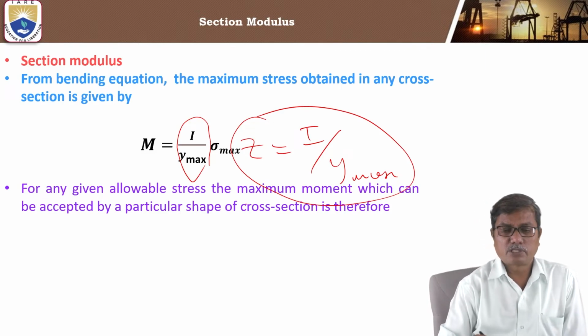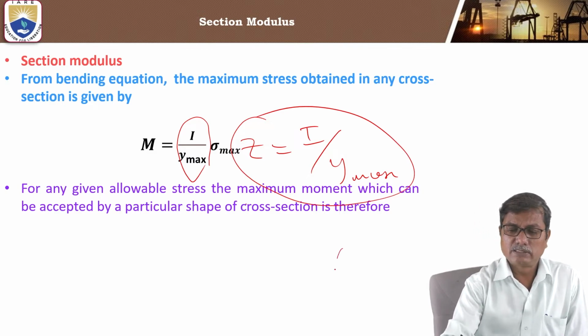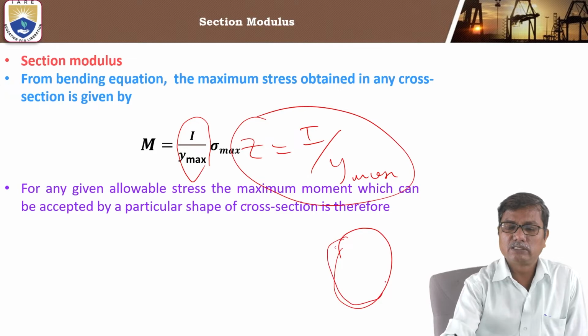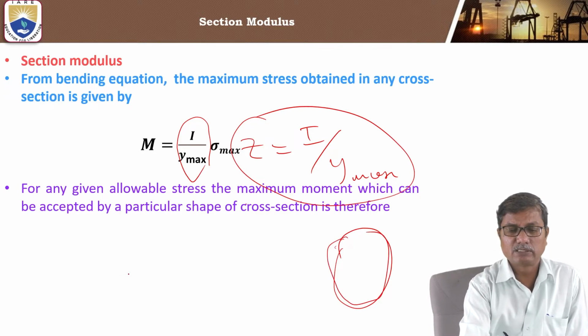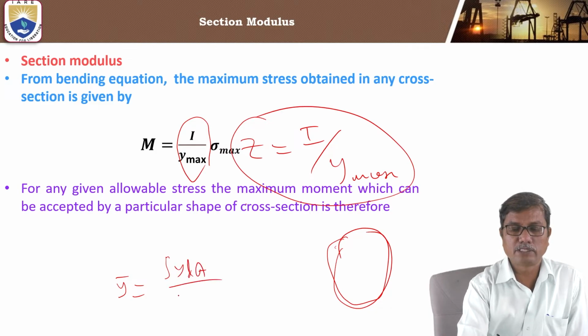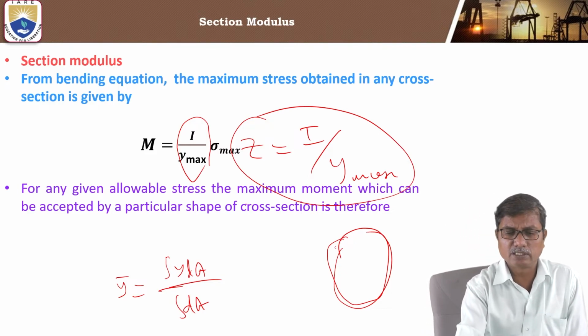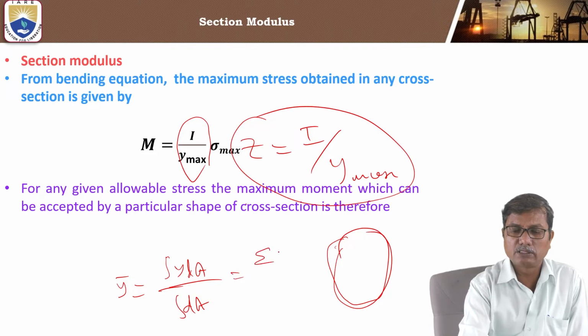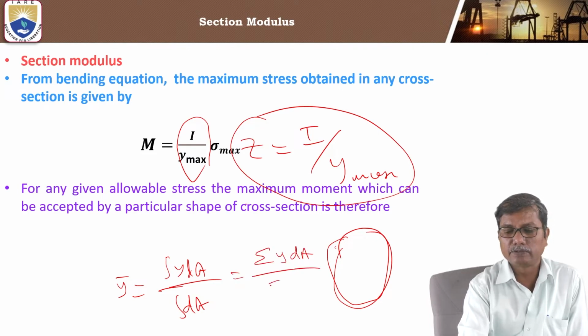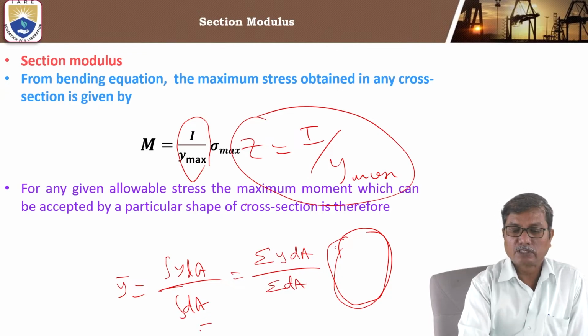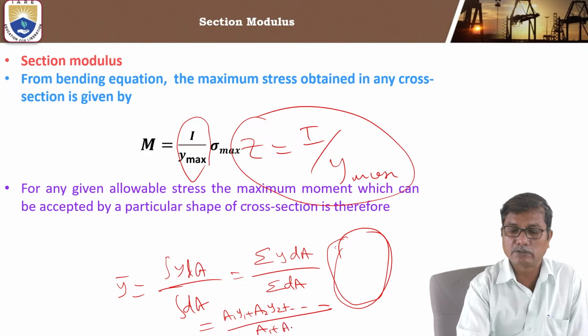So the equation for the position of the centroid for different areas is given as y bar is equal to integral y dA by integral dA, or in other words, sigma y dA by sigma dA, or it can also be written as a1 y1 plus a2 y2 and so on, divided by the total area a1 plus a2 and so on.